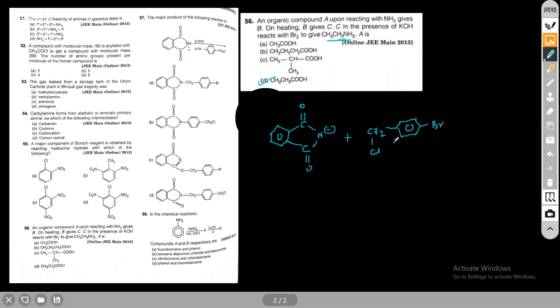This nucleophile will attack over here, and this chlorine will go out as a leaving group. Now the question is why not this Br leaves as a leaving group? This is not going out because this Br is in resonance with this ring. The lone pair of this Br is in resonance with this ring. So here we have partial double bond character, which is difficult to break. That's why the Br will be as it is in the compound, and this Cl will go out. So this will join with this.